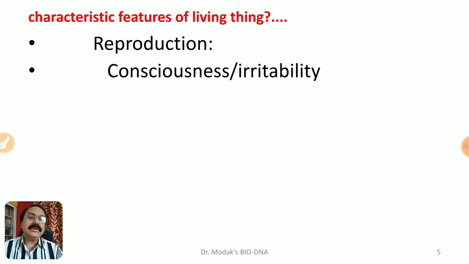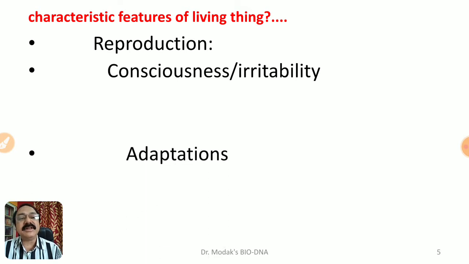So the body of a living organism is constantly responding to the various external factors. For example, the leaves of plants get properly disposed to the sunlight because they need sunlight, isn't it? Our eyes close down in intense sunlight because we don't need that much intensity of light. So these are the responses given by living organisms that we call consciousness.